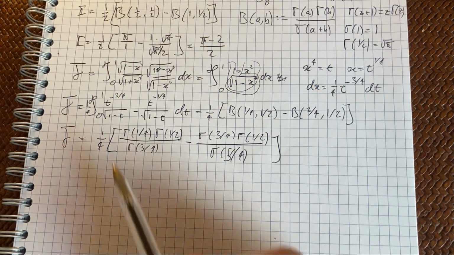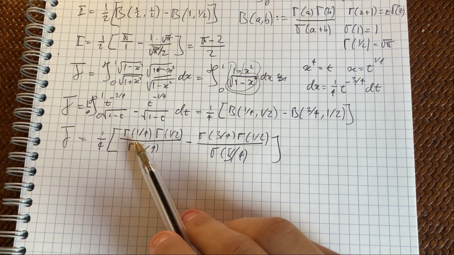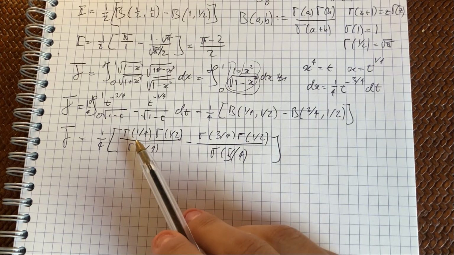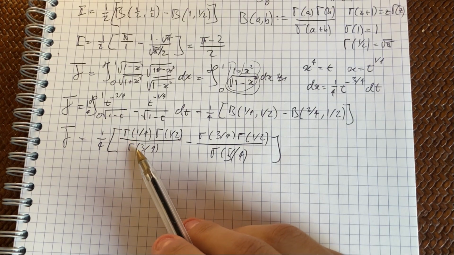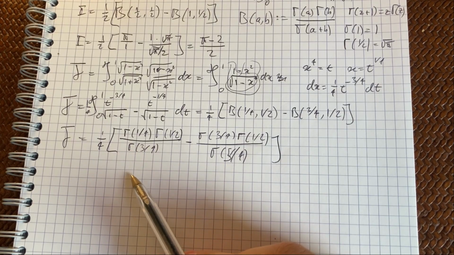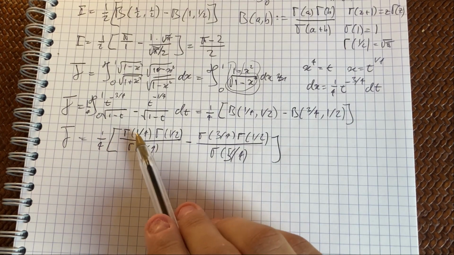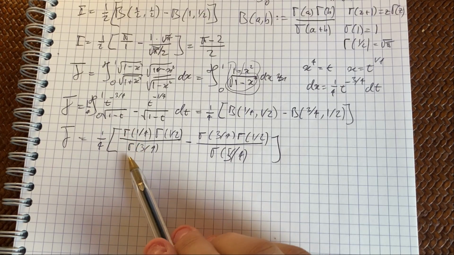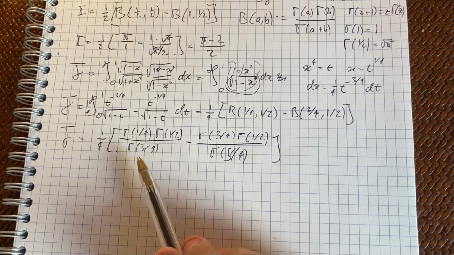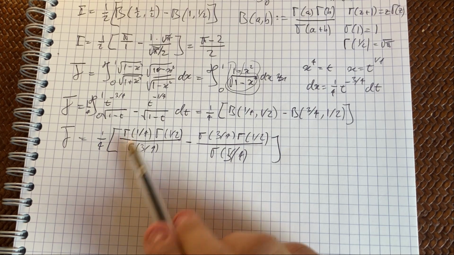And, well, we know that gamma 1/4 cannot be expressed in terms of usual constants, like, I don't know, square root pi or anything. So we have to keep gamma 1/4 as itself, but gamma 3/4 can be expressed in terms of gamma 1/4.